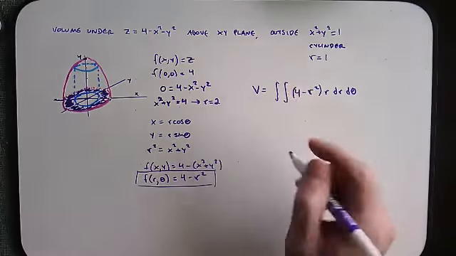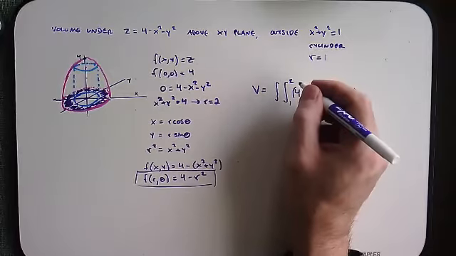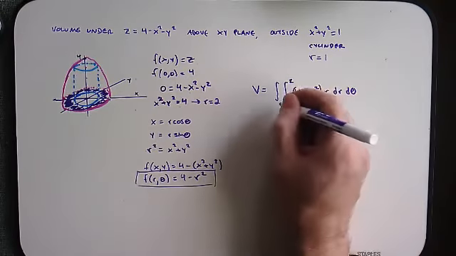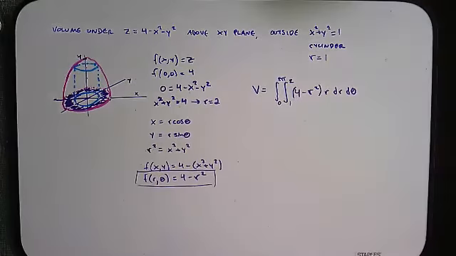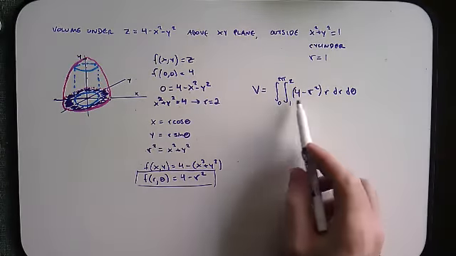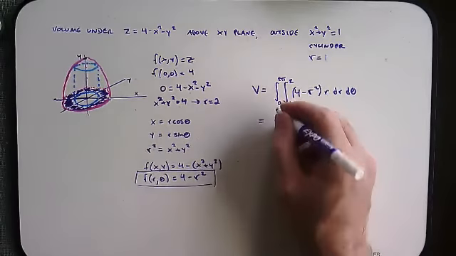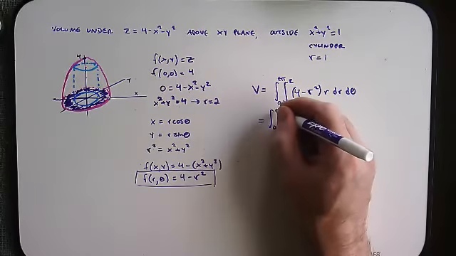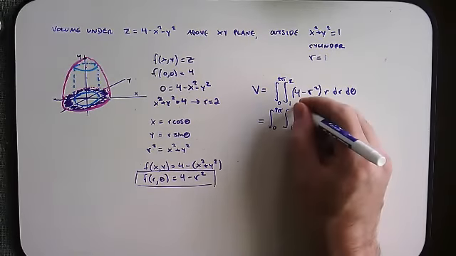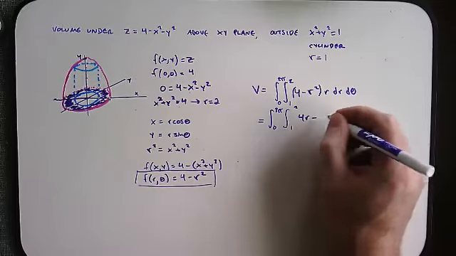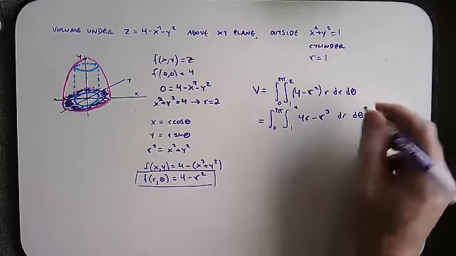And then our endpoints of integration, in terms of r, as we just mentioned, we're going to go from r equals 1 to r equals 2. And for theta, we're going to go from theta equals 0 to theta equals 2 pi, right? And so looking at this, this won't be a bad integral to evaluate. I'm just going to copy it over here, having distributed that r to these 2 terms. So 4r minus r cubed, all dr d theta.